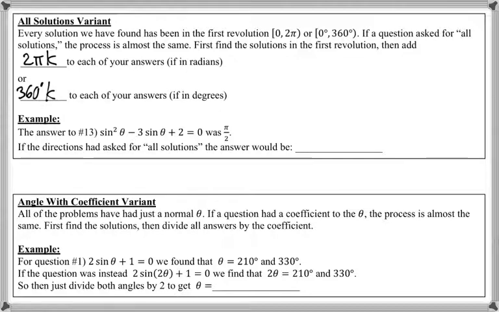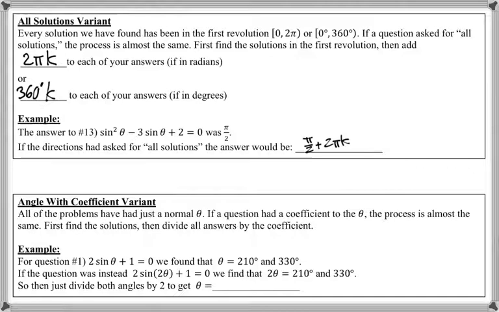So an example would be like number 13. When we solved it, we got pi over 2. So if the directions had asked for all solutions, then your answer would be pi over 2 plus 2 pi k. So the same thing, but we just put a plus 2 pi k to account for every single revolution.